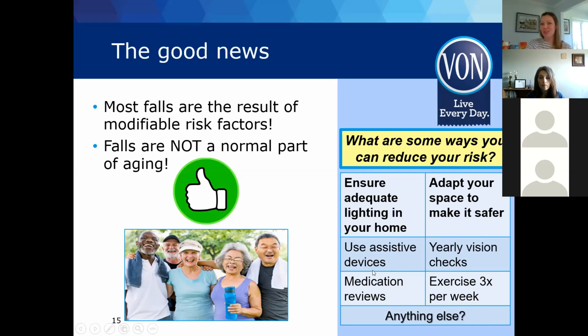Donna Henderson, who used to work with the Integrated Regional Falls Program, now part of Specialized Geriatric Services, was really good at changing people's mindset around that. Often they would say, oh, I don't want to use it because I don't want to look old.